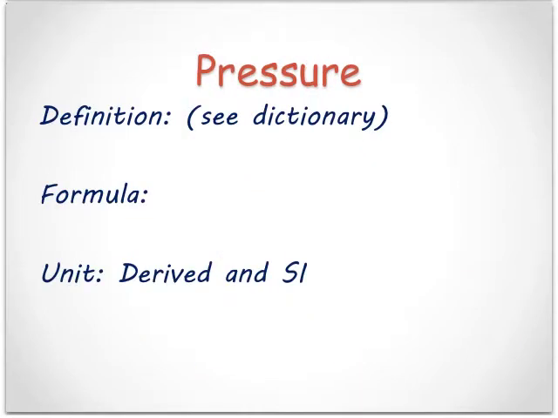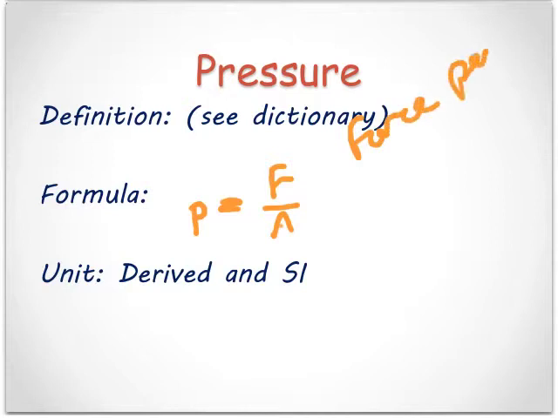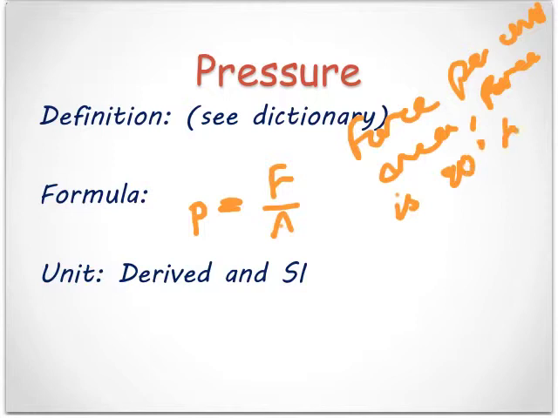Pressure, what is it? Essentially you could use the formula to find this one. It's force over area, so it is force per unit area, where the force is at 90 degrees to the area. Now, what's the derived SI unit?